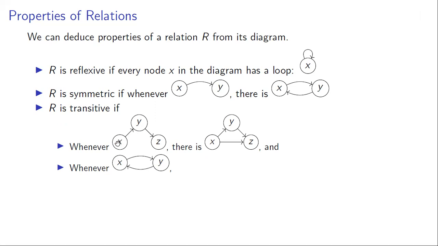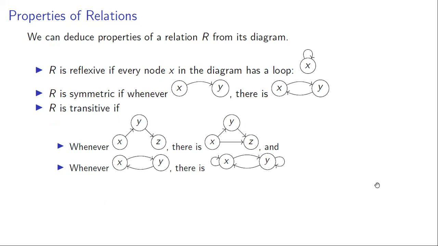In other words, imagine X and Z are the same. Then you can go from X to Y, and from Y to X, but then you have to be able to go from X to itself directly. So whenever you have something like this, you need to have a loop at X. You also need to have a loop at Y, because you can go from Y to X, and from X to Y, so you have to be able to go from Y to itself.